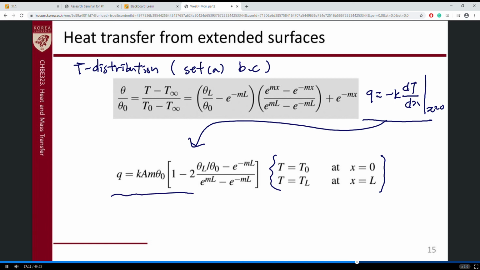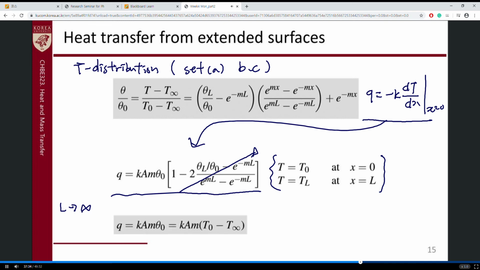But look at this equation. We can make one more equation, for when L goes to infinity. How does it change? These terms will be cancelled, right?